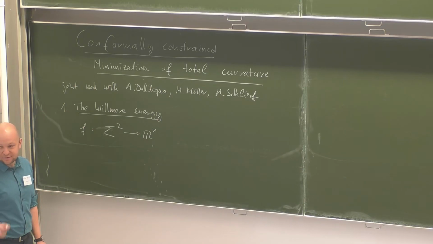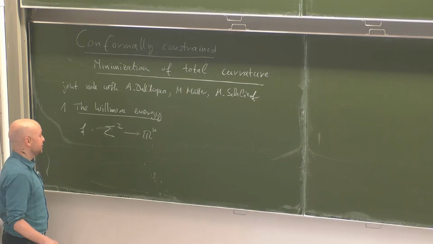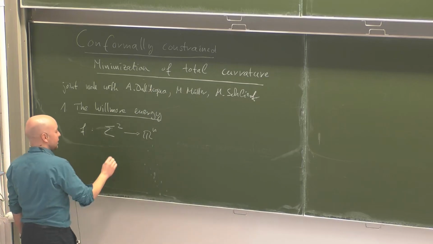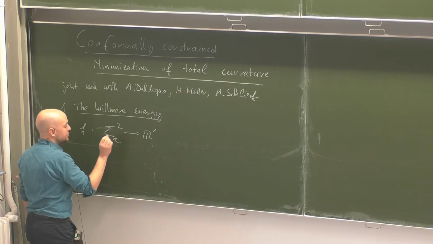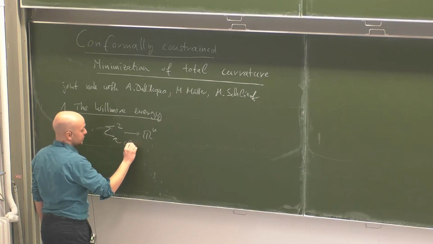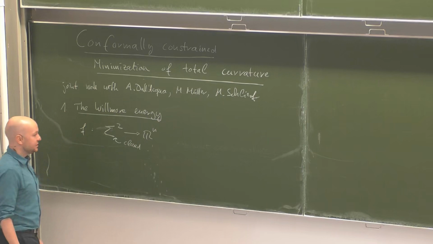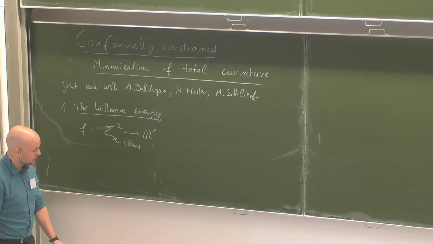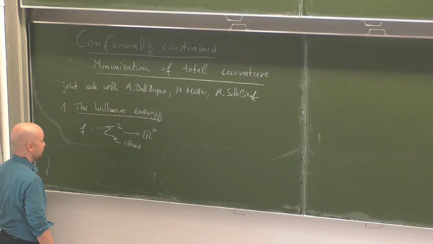Every map I write here, every curve will be smooth, okay, for the analysts. And sigma here is two-dimensional, of course, and a closed surface. It doesn't need to be orientable, but closed means without boundary and compact.